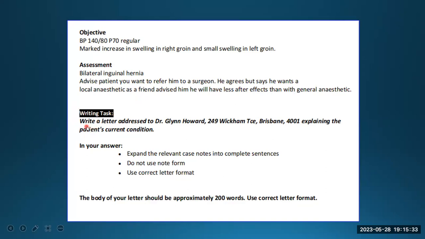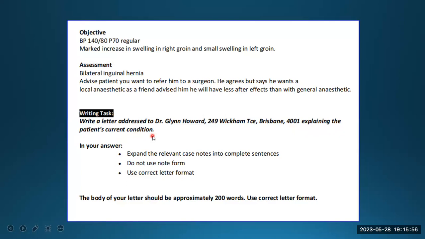You are supposed to read it twice. Write a letter addressed to Dr. Glenn Howard. So this is the name and title of your recipient, meaning you are writing this letter to Dr. Glenn Howard, 249 Wickham Place, Brisbane 4001. This is his address.